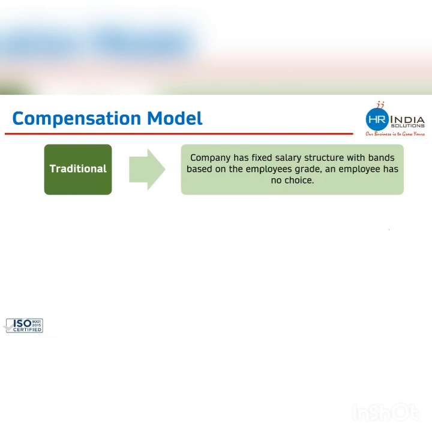They decide all the components, whether it is basic salary or the allowances or the benefits. The company decides everything for the employee, and there is no choice left for the employee, right? So the company has a fixed salary structure with bands based on the employee's grade, and the employee has no choice to decide on their salary or the package.